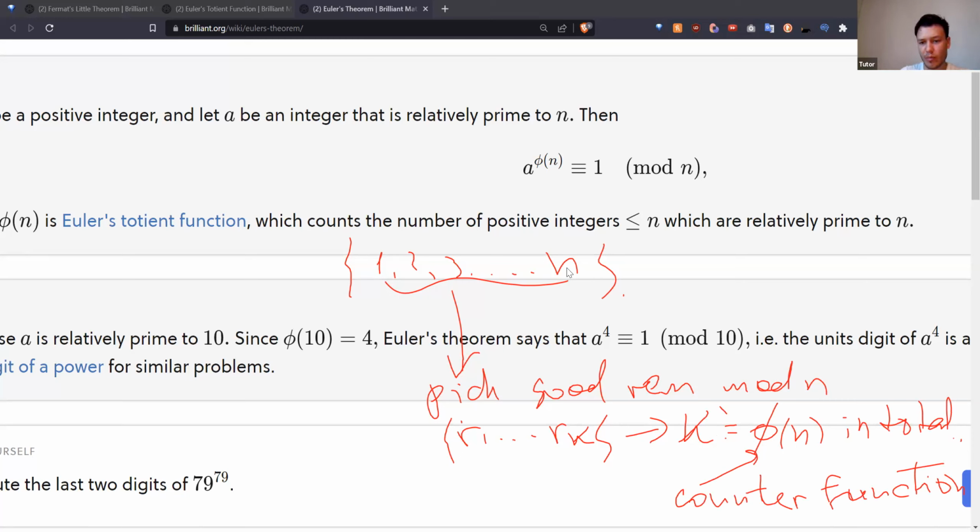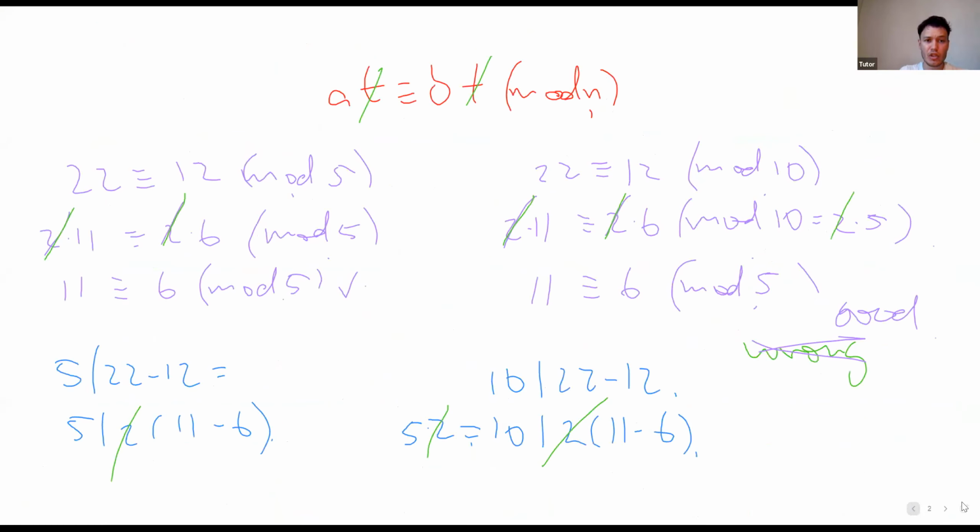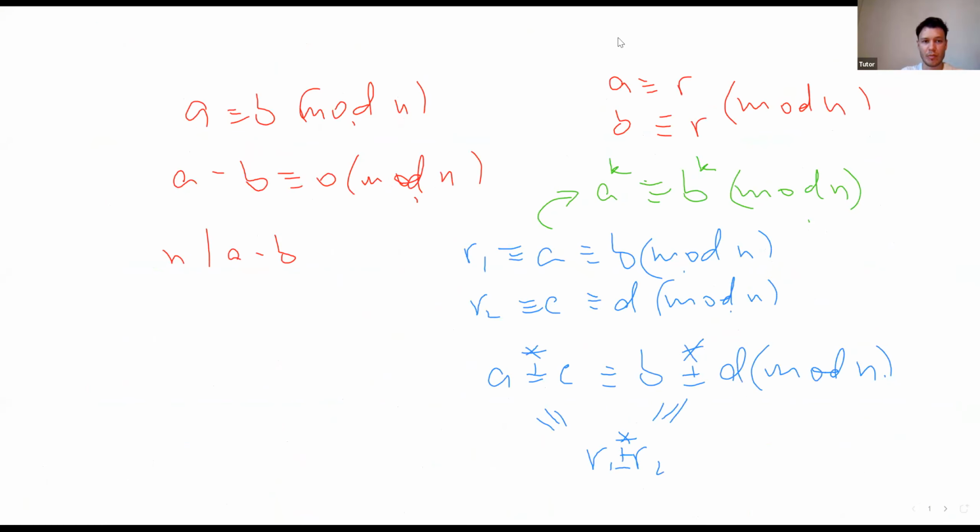Maybe it's worth for me to use a whiteboard in here. So let's look at some simple examples for phi of n. For example, what's going to be phi of 6? If I look at stuff mod 6, what numbers are good mod 6?